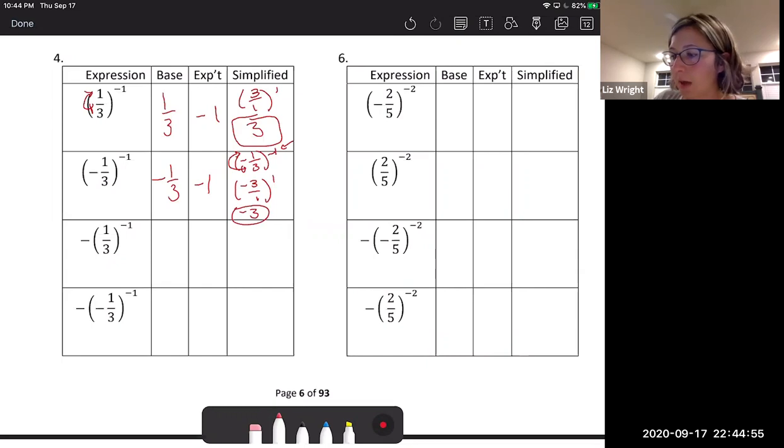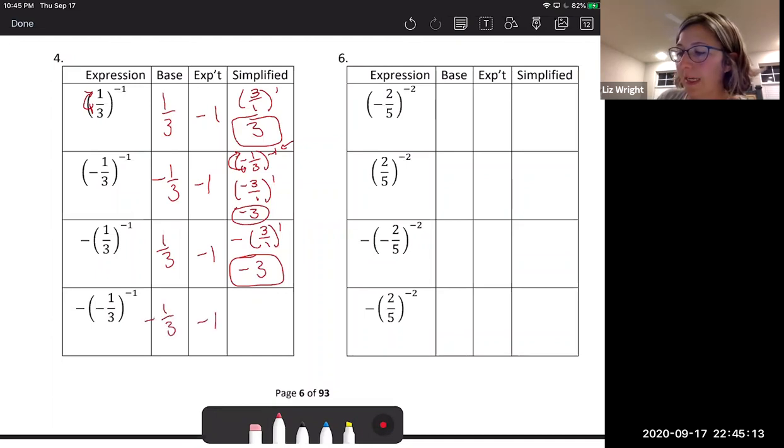Next one, our base is 1/3, our exponent is -1, and so we're going to end up getting negative, and it's going to be 3/1 to the first, which is going to ultimately give us -3. And then the last one on this one, our base is -1/3, our exponent is -1, so we're going to have the negative out front. We're going to make the ones in the parentheses, the numerator and denominator, switch places.